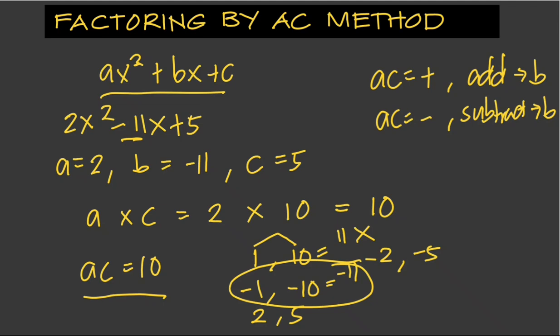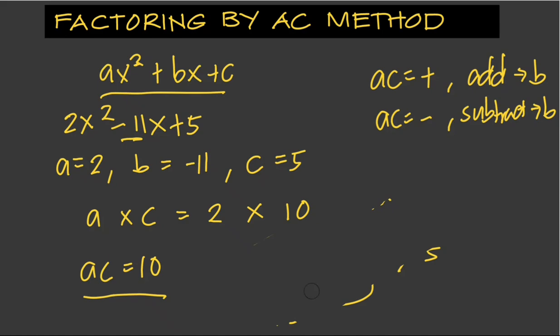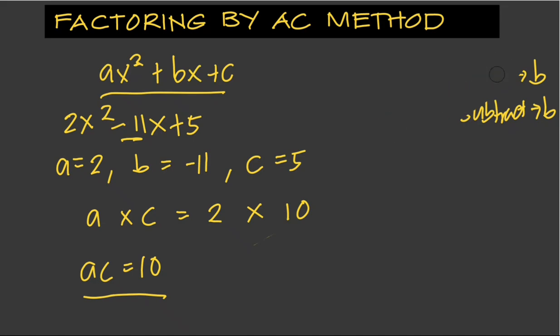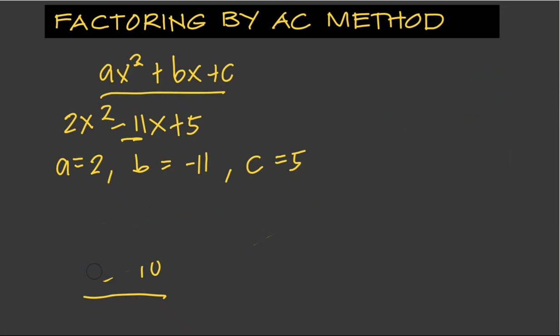The next step is we replace the middle term with the new terms we got. Our AC is equal to 10. We chose negative 10 and negative 1.